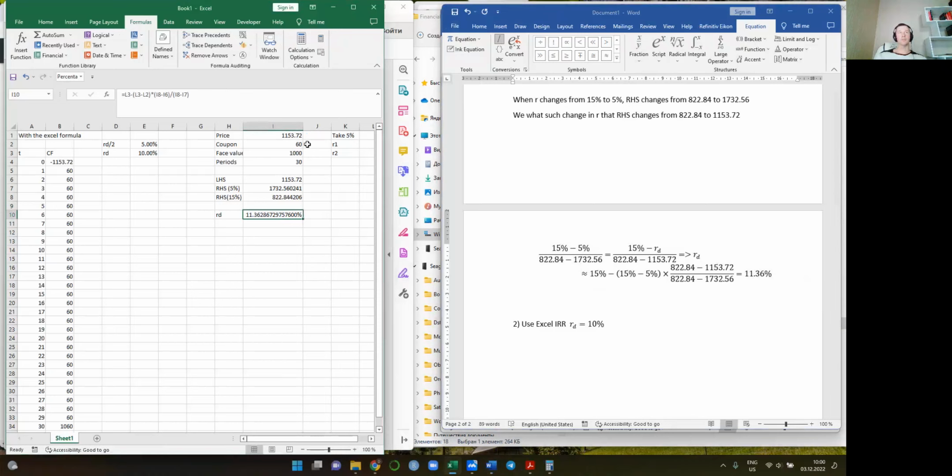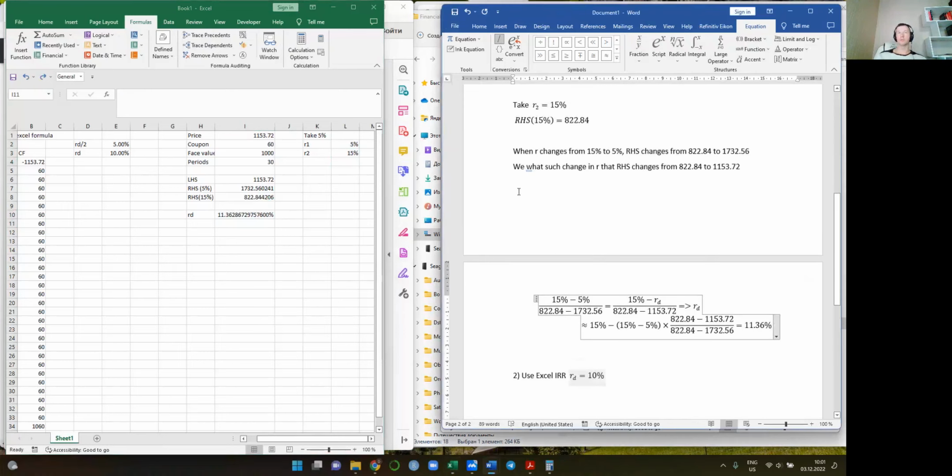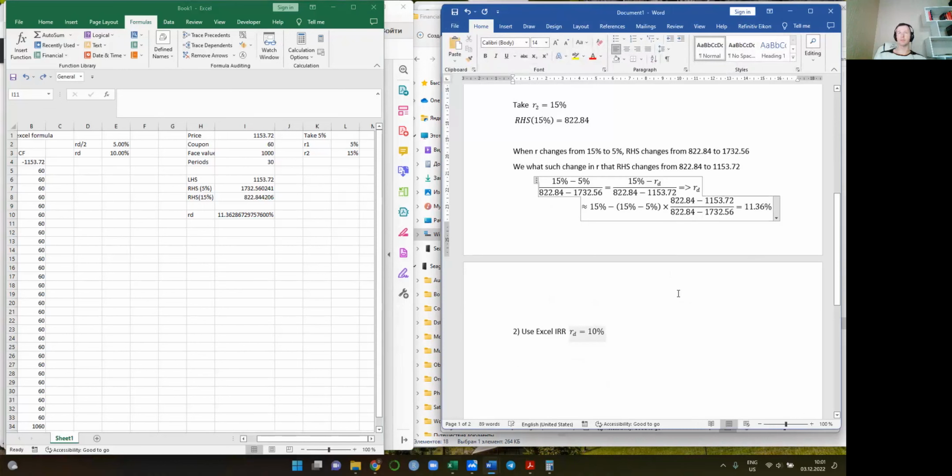But look, if you take interest rates closer to each other, so for example 8% and 12%, you see that RD is going to be closer to the correct answer. So if you take 9 and 11, for example, it's going to be even closer. So that's why it is important to take these interest rates as close to each other as you can.